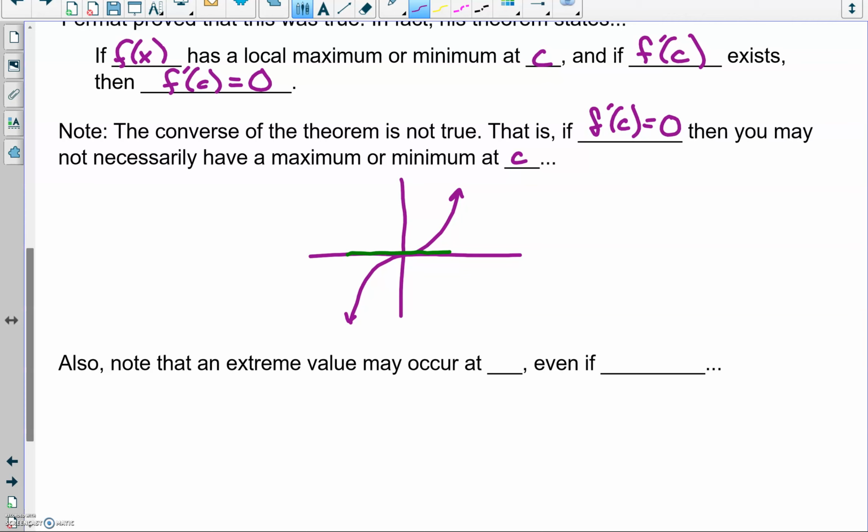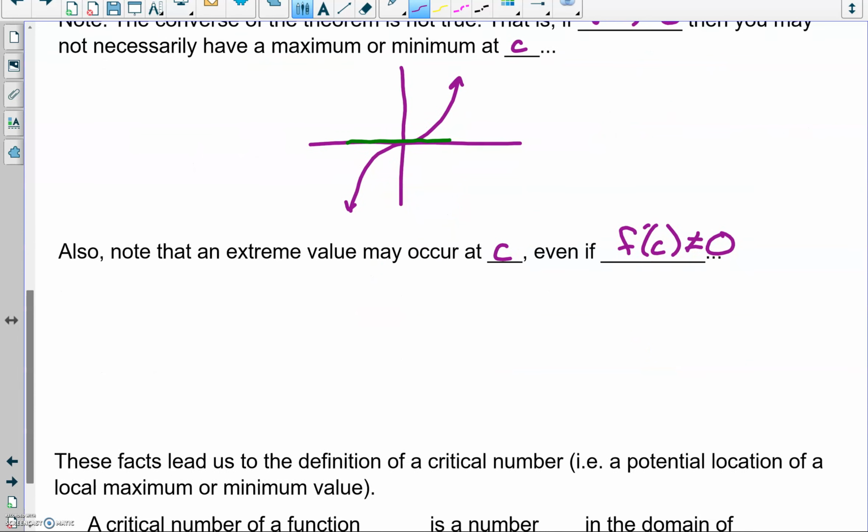Also note that an extreme value may occur at c even if f prime of c is not equal to 0. When would that happen? A classic example of this is the absolute value function. You've got that V shape, and right there at that corner there's an absolute minimum, a local minimum too, but there is no derivative at that corner.